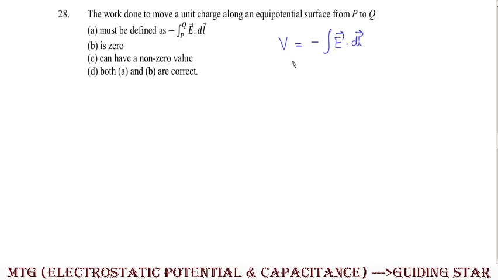Clear? So in this particular case, what will be the potential difference between the two given locations? Suppose there is a positive charge over here, and due to that we are taking two locations as this one, P and Q. What will be the work done to move the charge from P to Q over a displacement of dl?